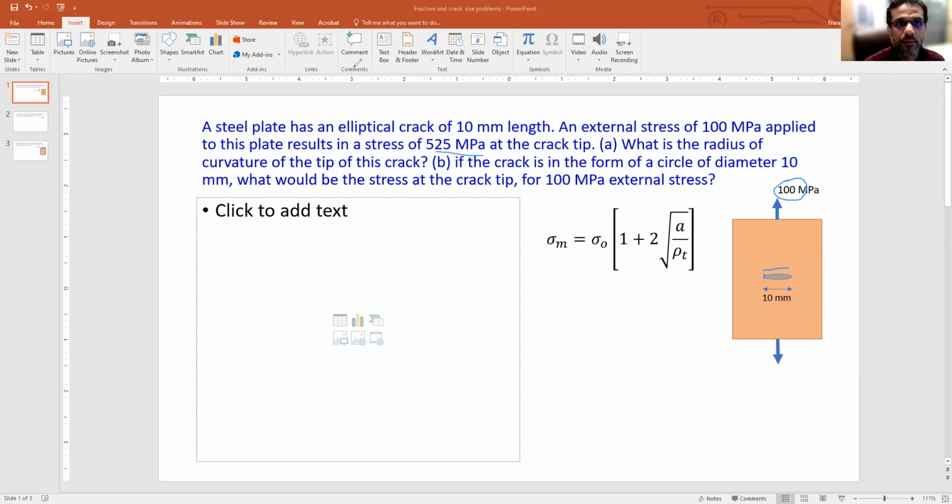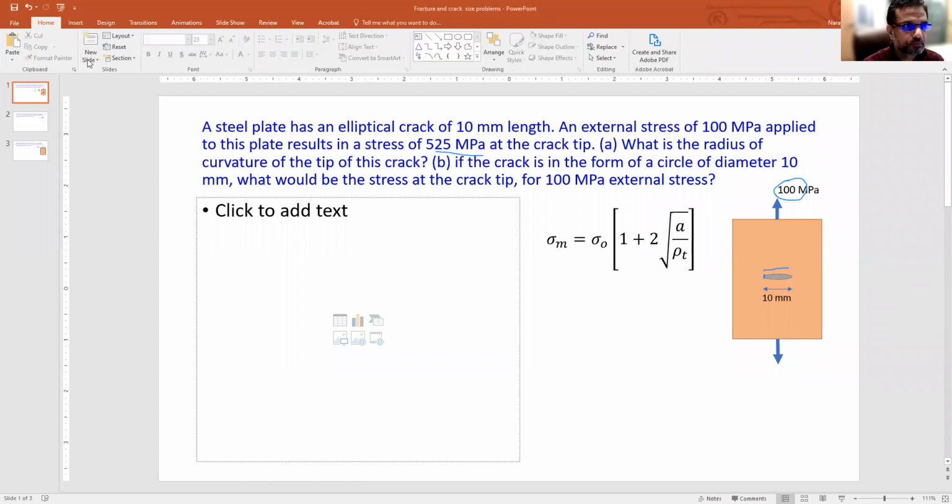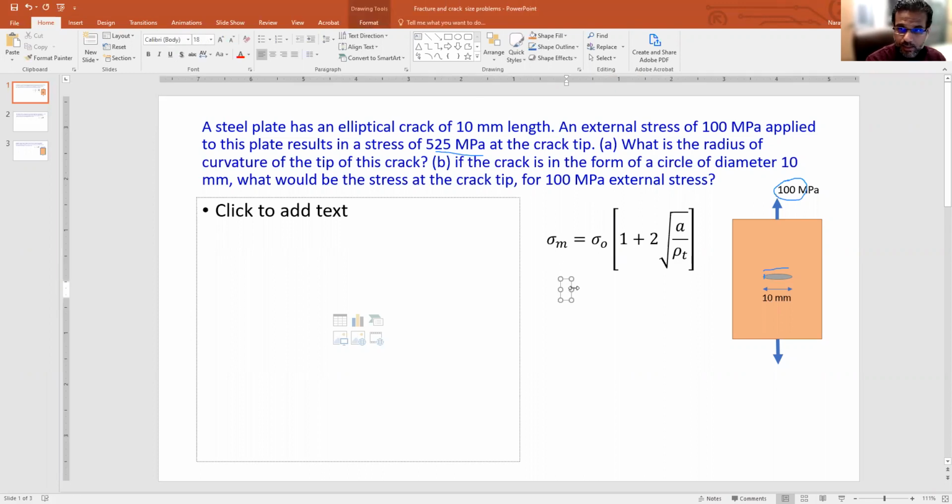So we know from the equations that we've done in class that the maximum stress at the tip of the crack, the maximum stress that the material sees at the tip of the crack, is a function of the applied stress.